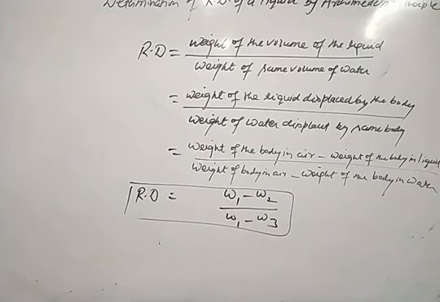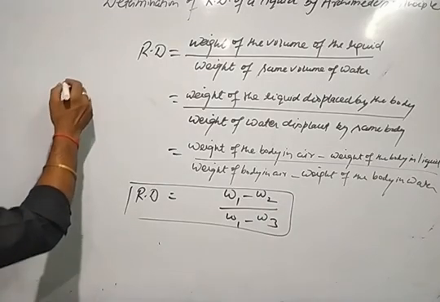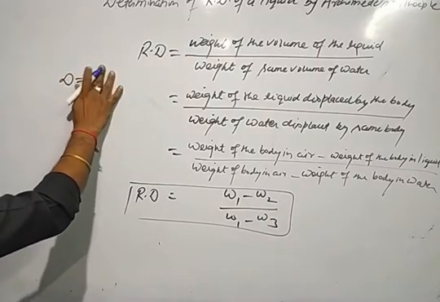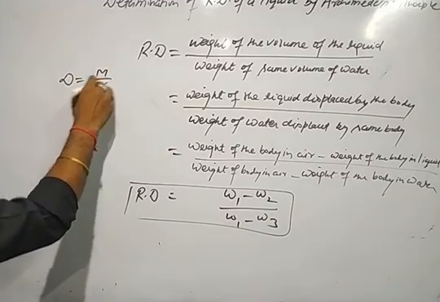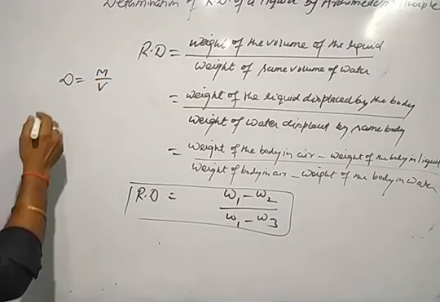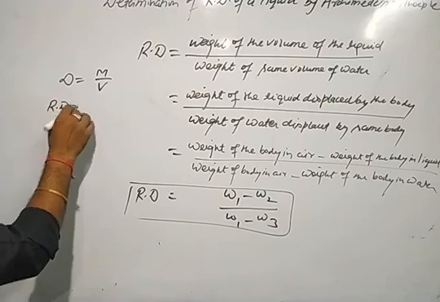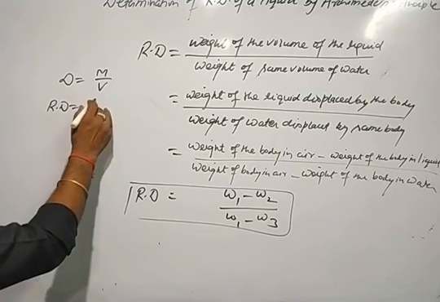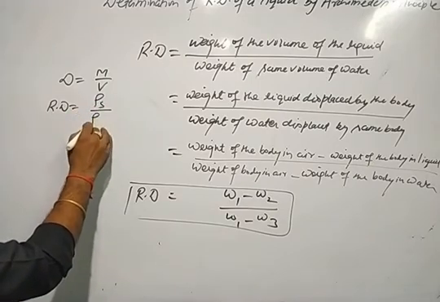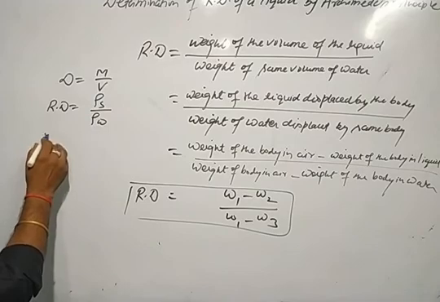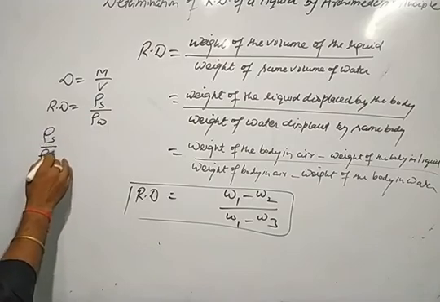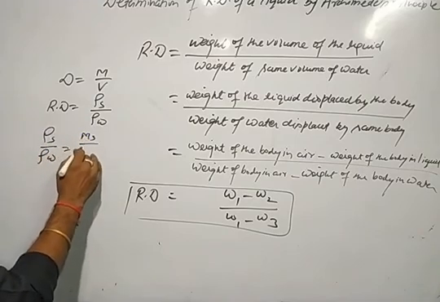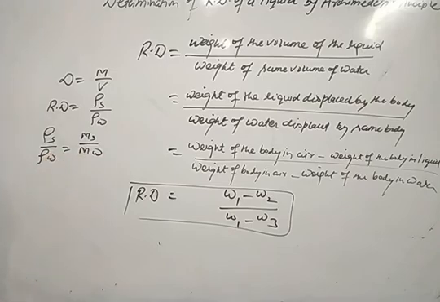So what formulas we discussed? We discussed density is equal to mass upon volume. We discussed relative density is equal to density of substance upon density of water, and density of substance upon density of water is equal to mass of substance upon mass of water.